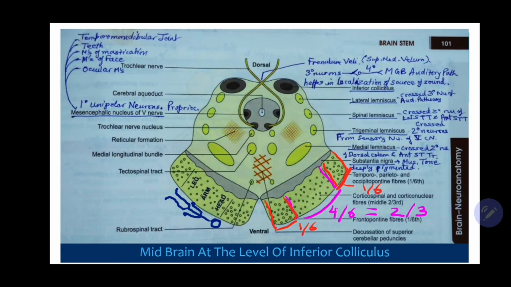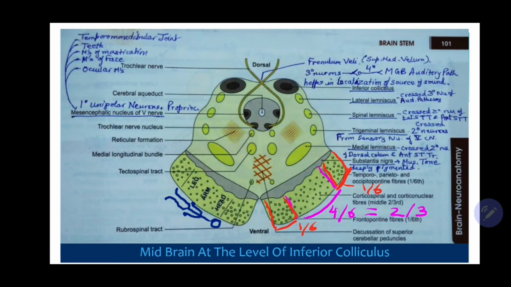Remember, this auditory pathway is from the receptors, the organ of Corti in the cochlea. From there, the first order neurons reach the cochlear nerve nuclei on the two sides.